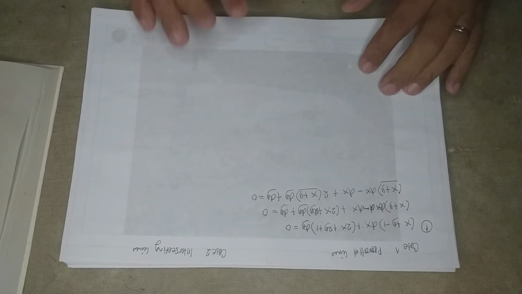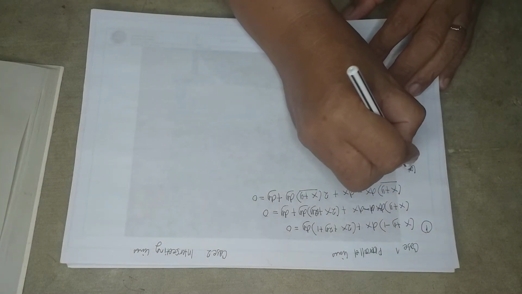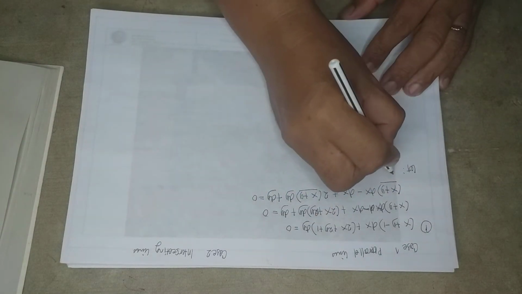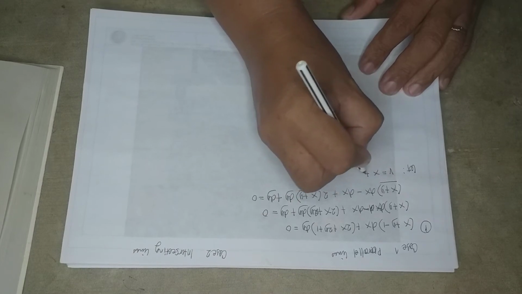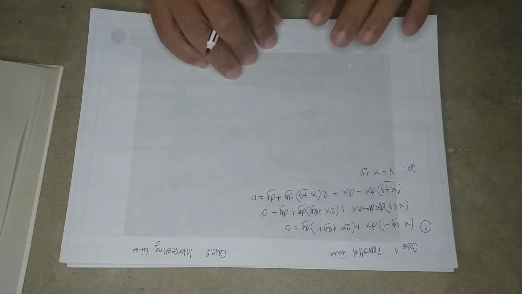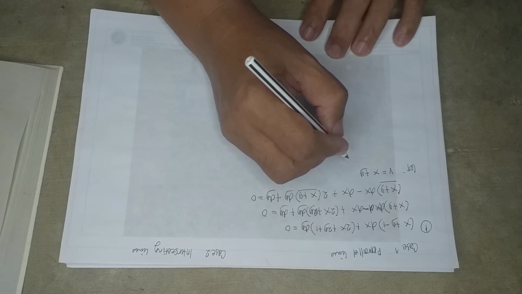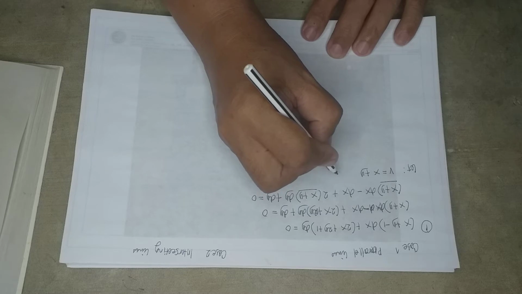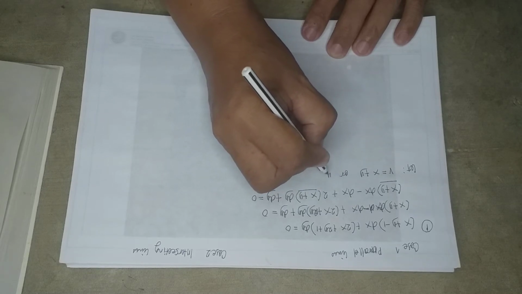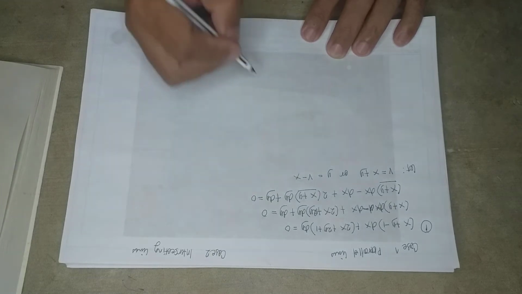Now, since these are two common factors, we may represent x + y in terms of v. So if we let the third variable v be equal to x + y, we may have y = v - x.